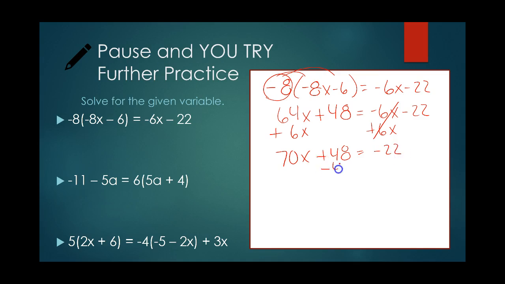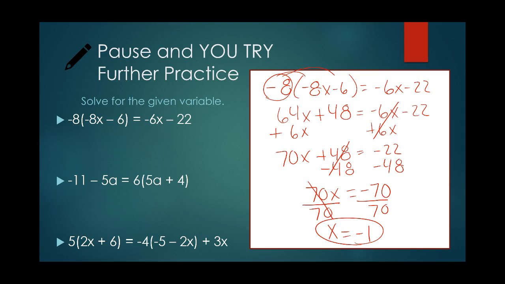Then I'm going to subtract this 48. 70x equals negative 70. Divide by the coefficient. So you should have come up with x equals negative 1.